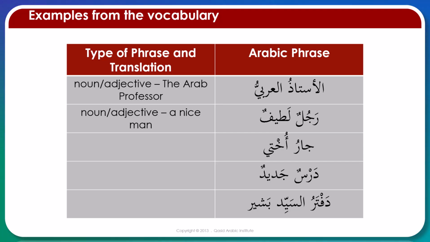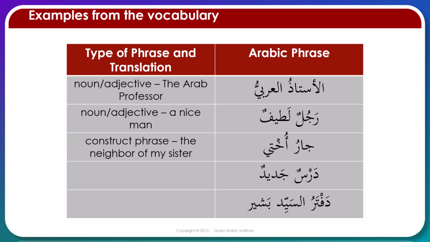So we have رجل لطيف, a nice man. The next example, جار أختي, is an example of a phrase in which we have two nouns conjuncted. Actually, we have three nouns conjuncted because the ya at the end of ukht is a pronoun. It indicates possession as well.